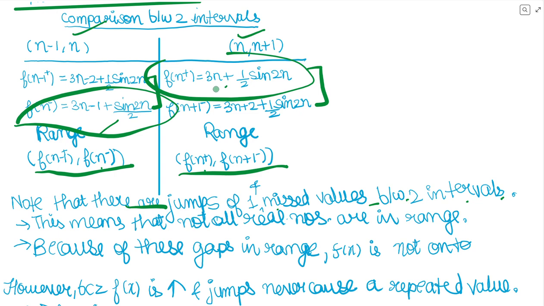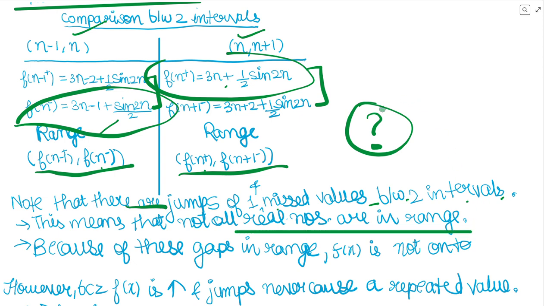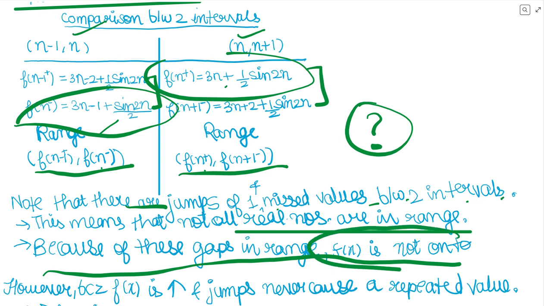They are not the same because of the greatest integer. But where are the values in between? Why is there a gap of 1? That means not all real numbers are in the range. It is not covering everything, right? Because of these gaps in the range, f(x) is not onto.